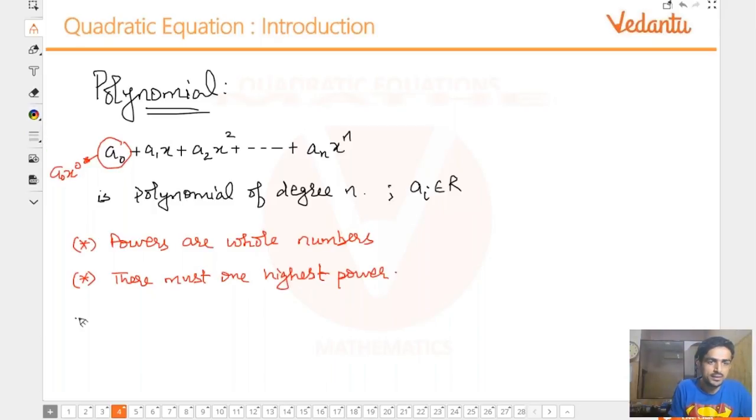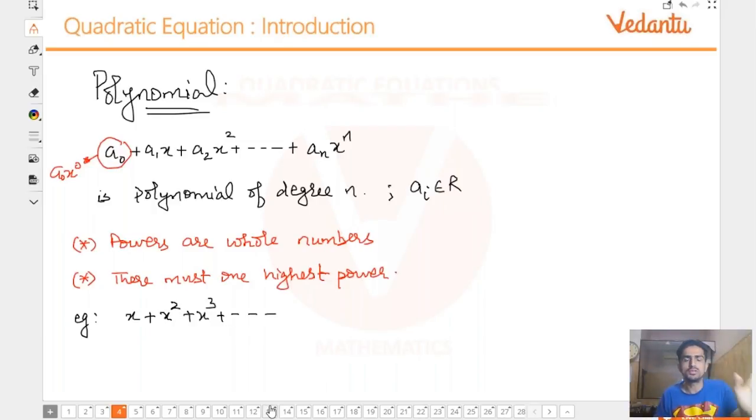By that I mean x plus x square plus x cube plus and so on, just going on, not stopping anywhere, is not a polynomial, because it does not have any highest power.